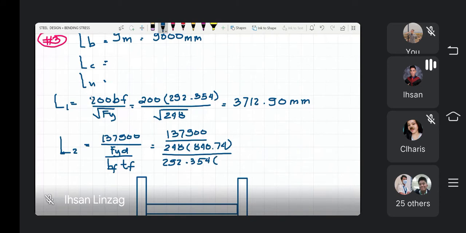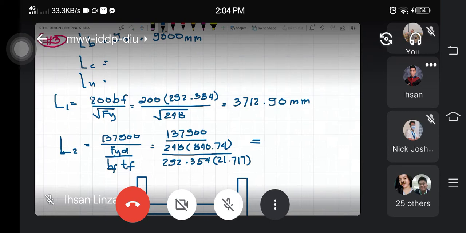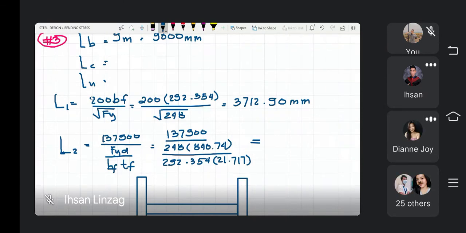Ang TF natin is 21.717, di ba? Okay, so what is L2? 4199.13.